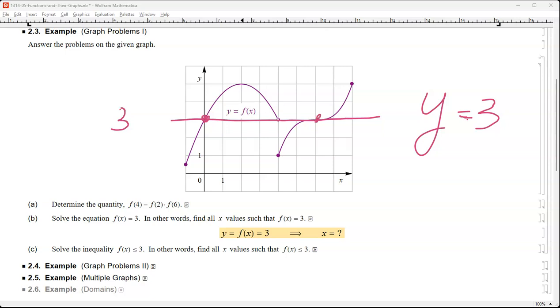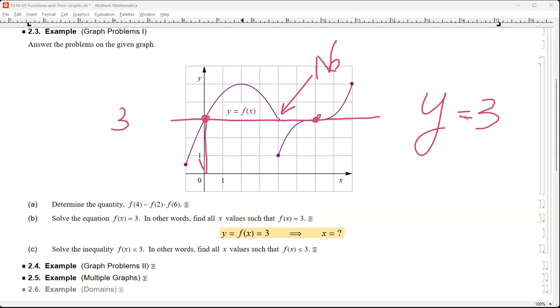This one here, and this one is not a crossing point. This point is emptied out. The real point is down here, so it's not a crossing point. Beware of this empty point. So there are 2 crossing points, 2 points on the graph. That means 2 x-coordinates to consider.